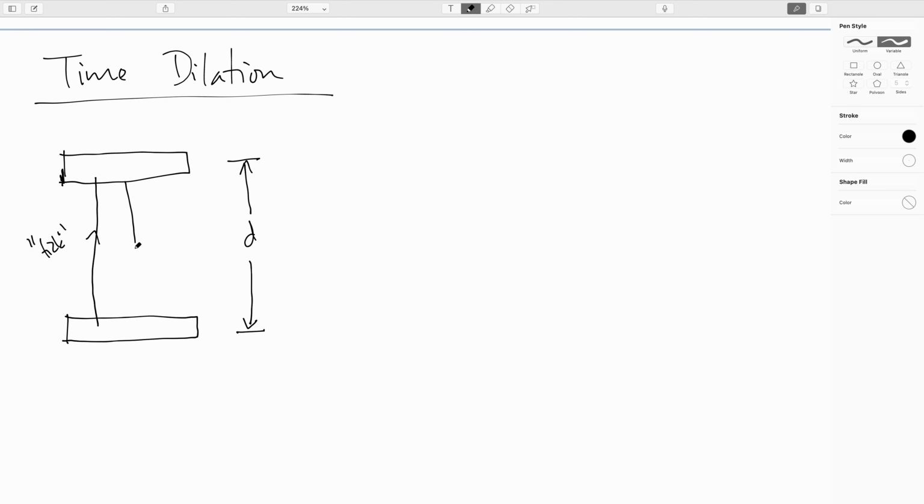And then when it bounces back, that's going to make our tock. This is called a light clock. Now here, if you are in the frame where an object is seen as not moving, you are said to be in that object's proper frame.